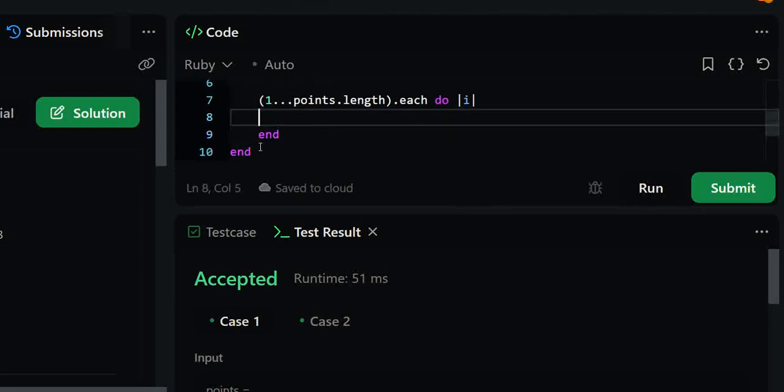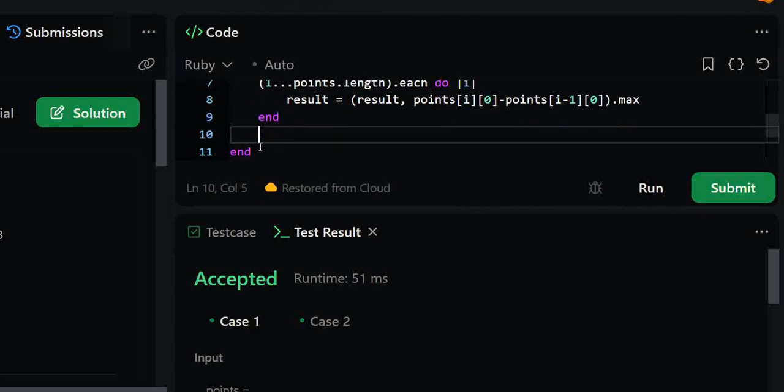Now inside this, what we were doing is we are saying result will be result. So result comma, what we were taking points[i][0] minus points[i-1][0], and we have to take the max of it, right?